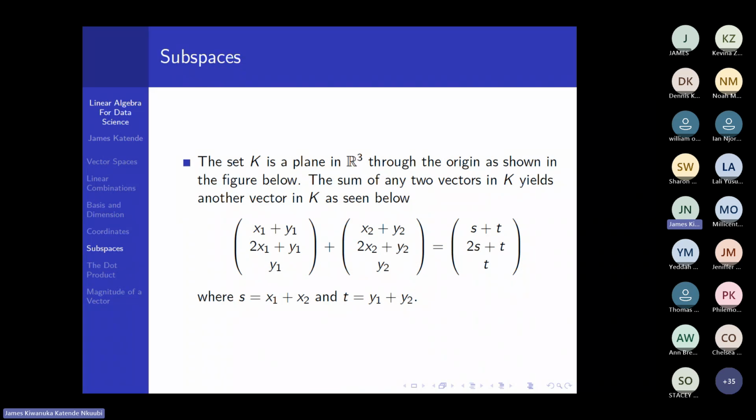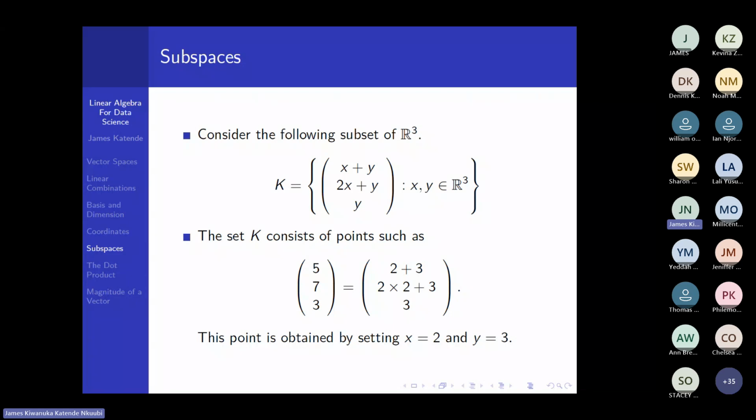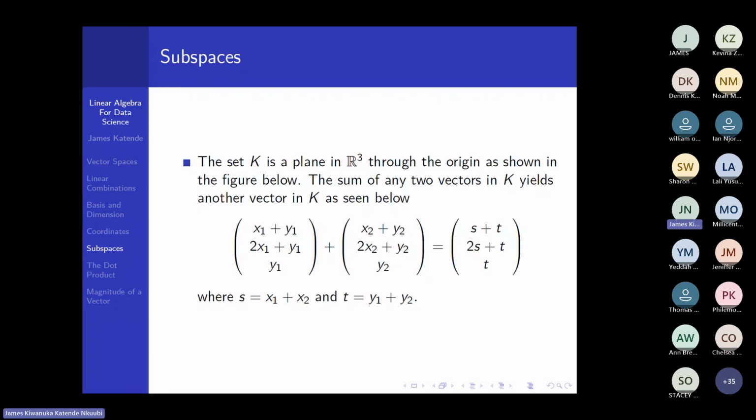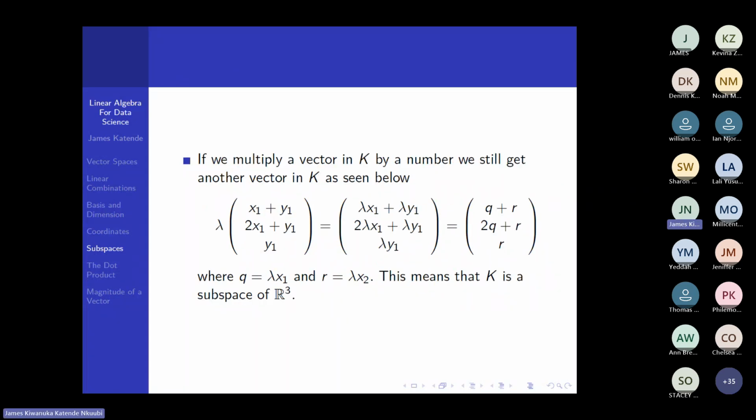So essentially, you add these two vectors, you end up with a vector which has the same form as vectors in K, right? In K, the first is a sum of two, the second one is twice the first one plus the second, and the third is just the second number from your pair. So we don't get out. When we add two vectors from the same set, we get a vector in the set K in this case.